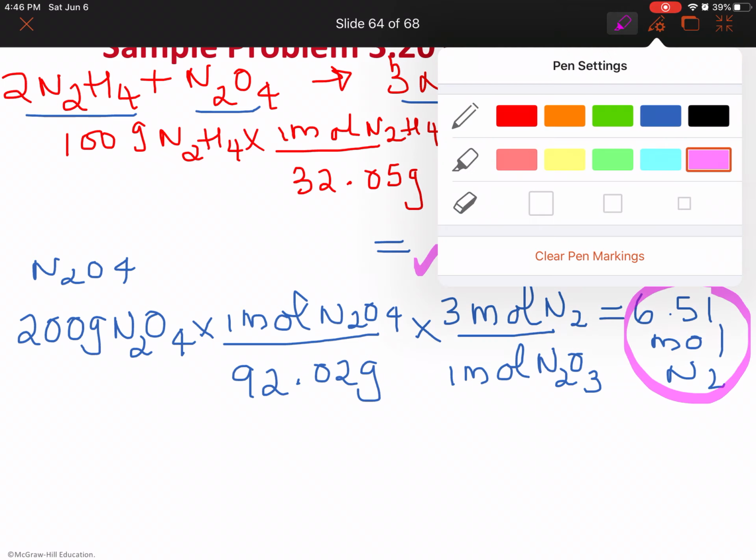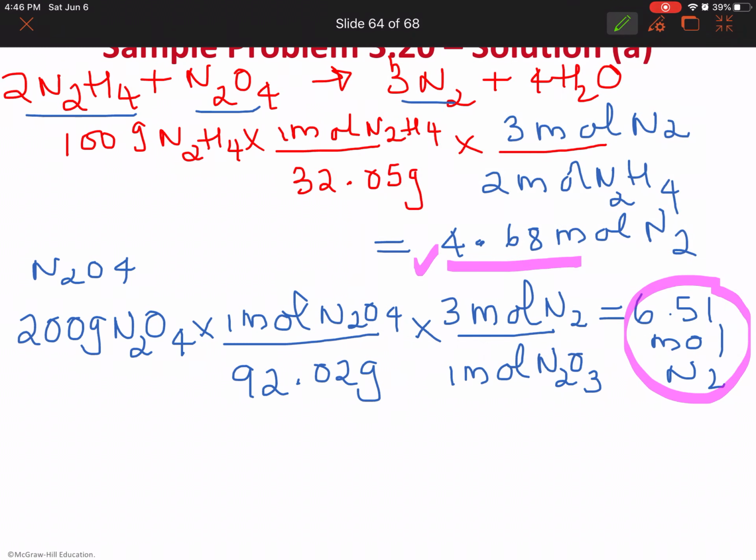No, sorry, 4.68 is not the limiting reactant. 4.68 is the number of moles of nitrogen that can be formed, so that makes the limiting reactant N2H4. Okay, N2H4 is the limiting reactant and only 4.68 moles of nitrogen can be produced.